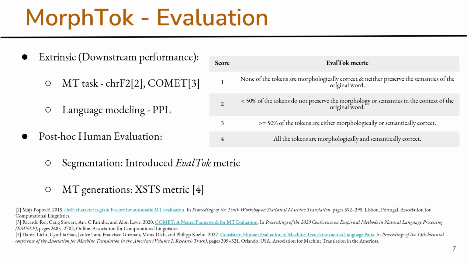To measure the quality of segmentation, we introduce the EvalTok metric, a scoring criteria for human evaluators. The segmentation quality is scored in the range of 1 to 4. A score of 1 is for segmentation where none of the token segments are morphologically correct and neither preserve the semantics of the original word. A score of 4 is given if all the tokens are morphologically and semantically correct. We measure the machine translation generation using the XSTS metric.